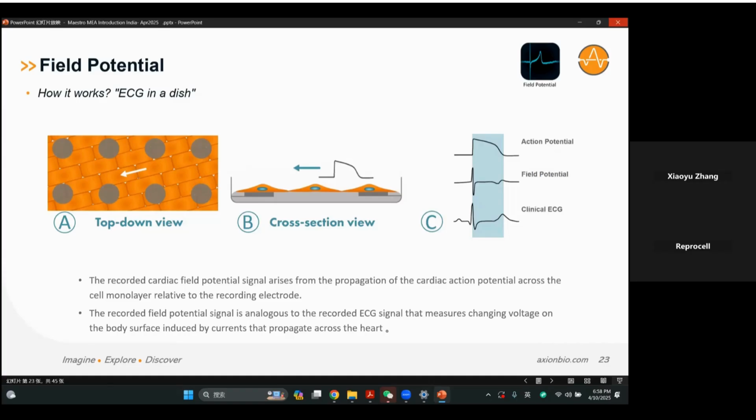The field potential waveform comprises a sharp transient spike associated with sodium influx and membrane depolarization, followed by a shallower ramp during calcium efflux, ending with a repolarization wave that corresponds to the potassium efflux.